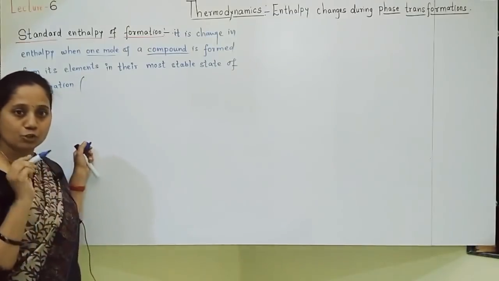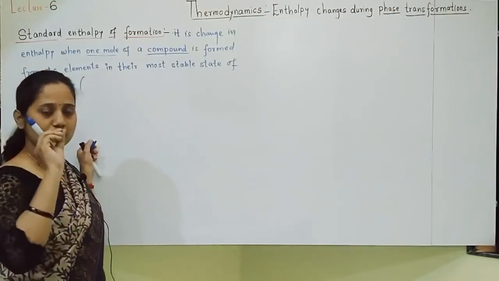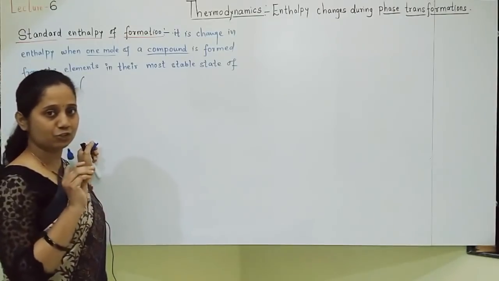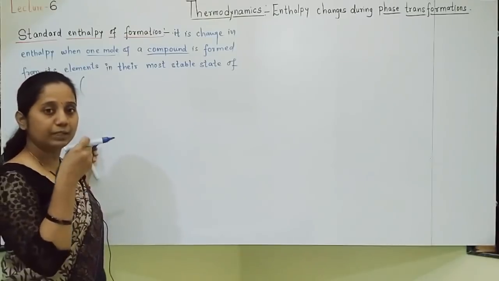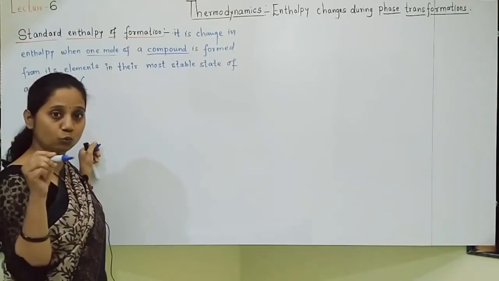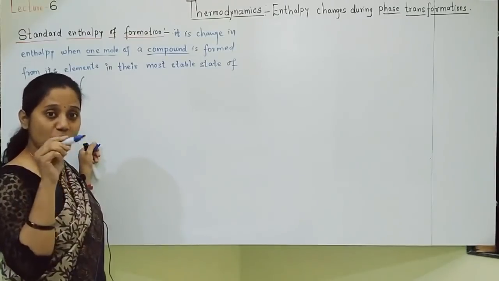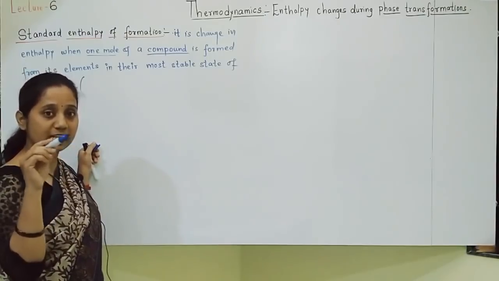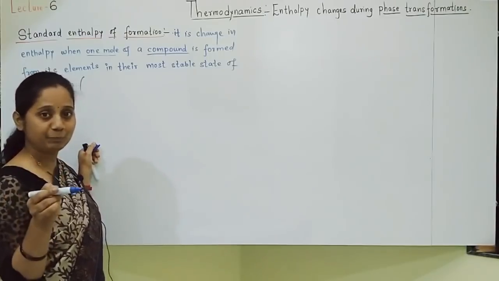That element should be in its most stable state, the most stable state of aggregation: how they aggregate, how they exist. Hydrogen aggregates as H2, oxygen as O2, ozone as O3.